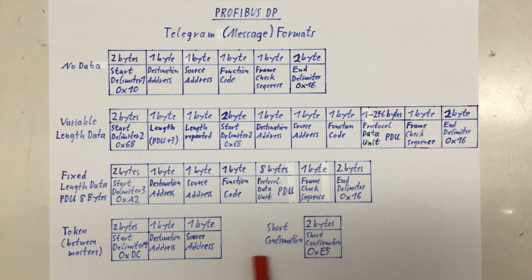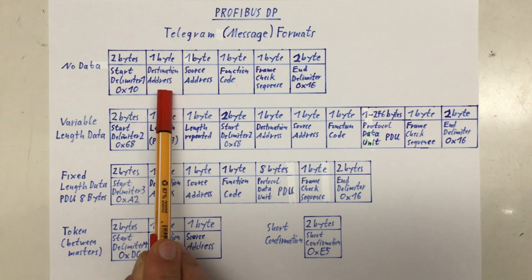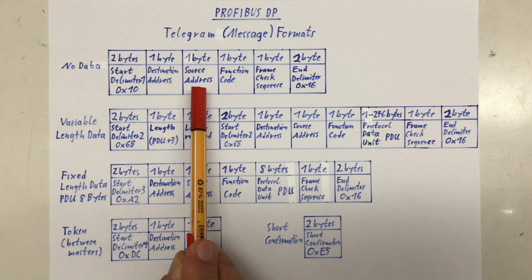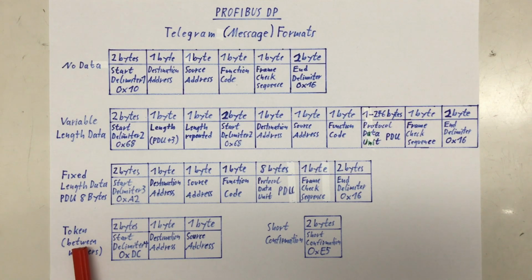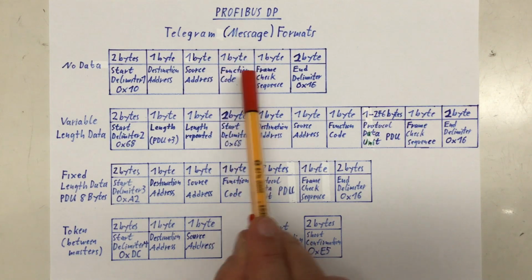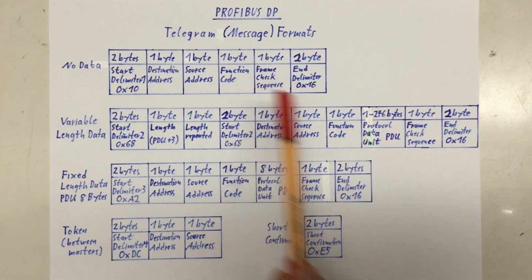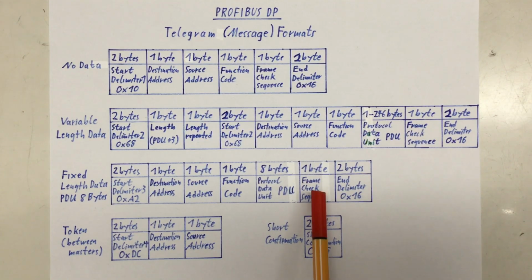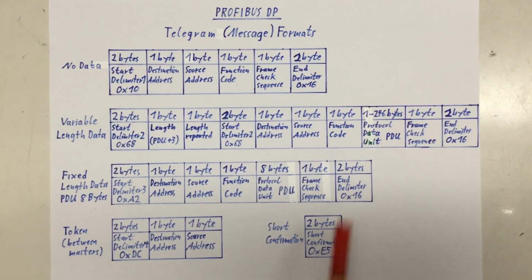Again, except for the short confirmation, each telegram contains a 1-byte destination address and a 1-byte source address. Except for the token telegram and the short confirmation, all other messages contain a 1-byte function code, a 1-byte frame check sequence, and an end delimiter, 2 bytes.